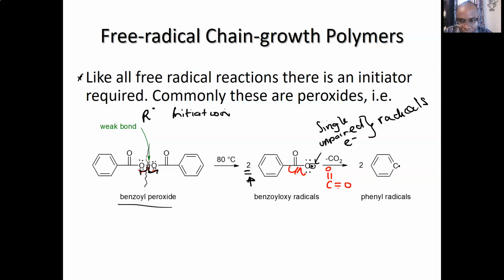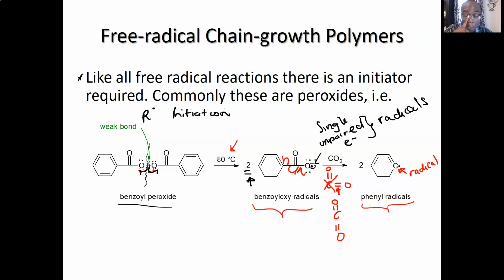This would be the extra electron, but that's the wrong shape because CO2 must be linear. And then the other electron is donated to the carbon of the benzene ring. So these two electrons are coming together to make a new pi bond, and the other electron left will be given to benzene. So that gives you a radical. We get phenyl radical. So you have two types of radicals when benzoyl peroxide is heated. You either get the benzoyloxy radical or the phenyl radical.